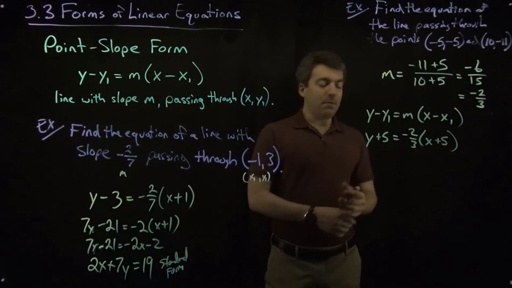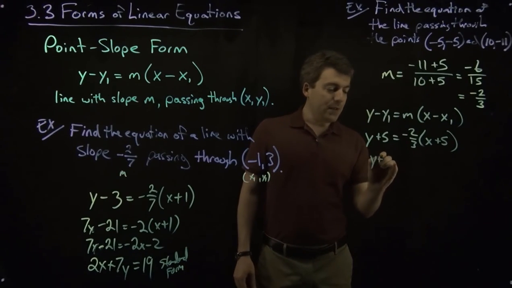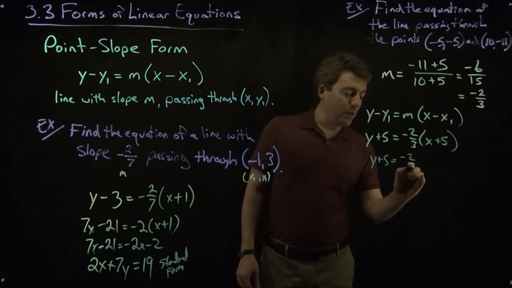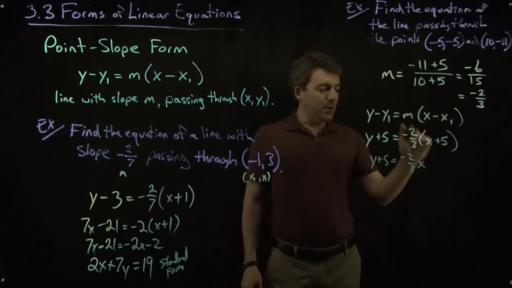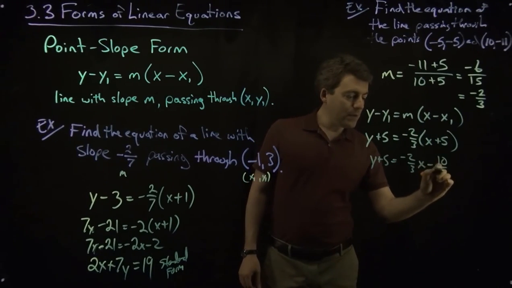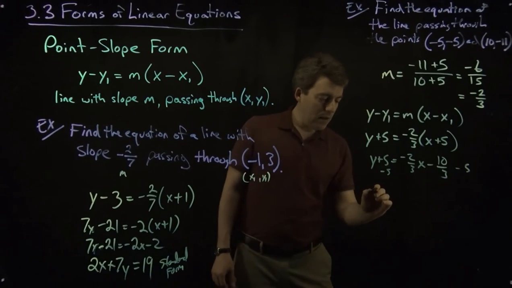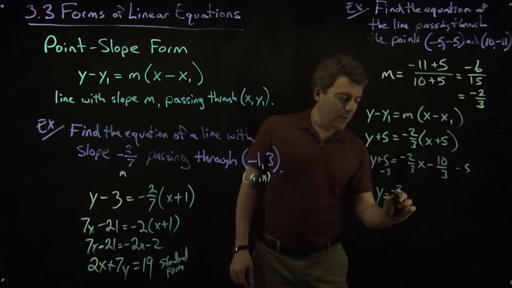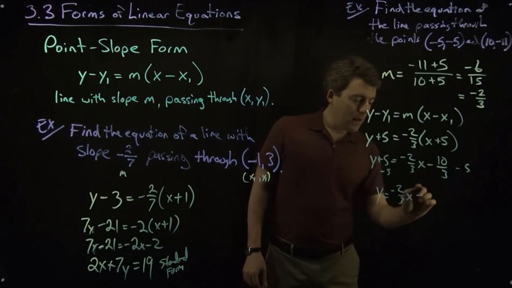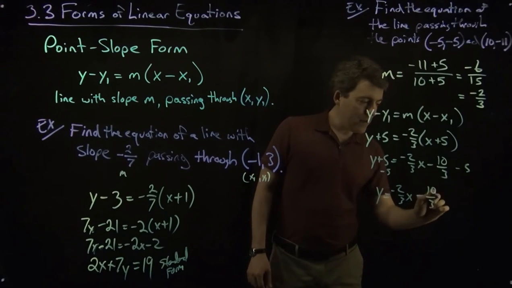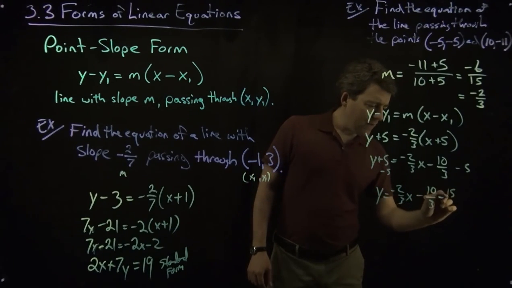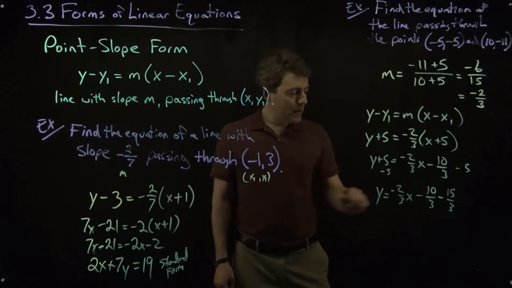Let's put it in slope-intercept form this time. So we have y plus 5 equals negative 2/3 x. We distribute here, we get negative 10/3. And then we subtract the 5. So we have y equals negative 2/3 x minus 10/3 minus 15/3. We turn that into thirds.